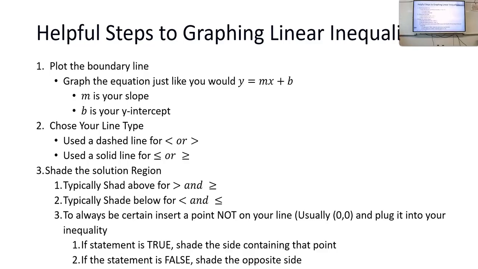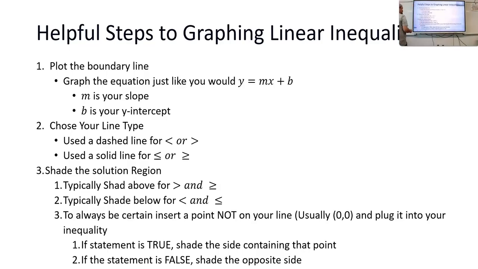Okay, so some helpful steps. We're going to plot the boundary line, just like we would when we talked about slope-intercept form. We're going to choose whether the line should be dashed or solid. And then we're going to figure out where we should shade our region.